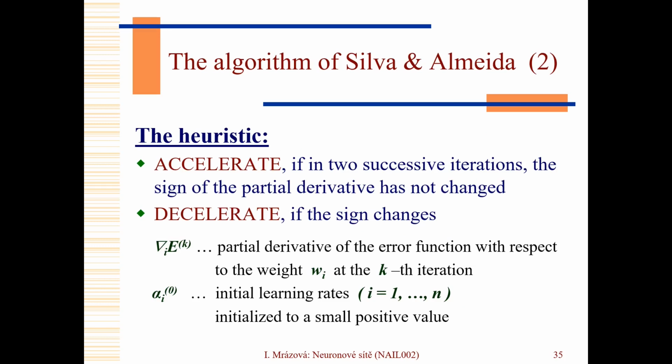Based on the assumed paraboloid shape of the error function, we could thus assume that it is possible to find the local minimum in the vicinity of our current point. In this case, the heuristic for changing the parameter alpha could be to accelerate, so increase the parameter alpha i, if in two successive iterations the sign of the partial derivative has not changed.